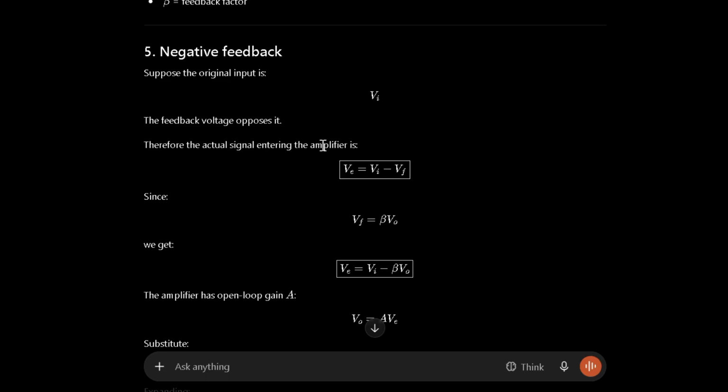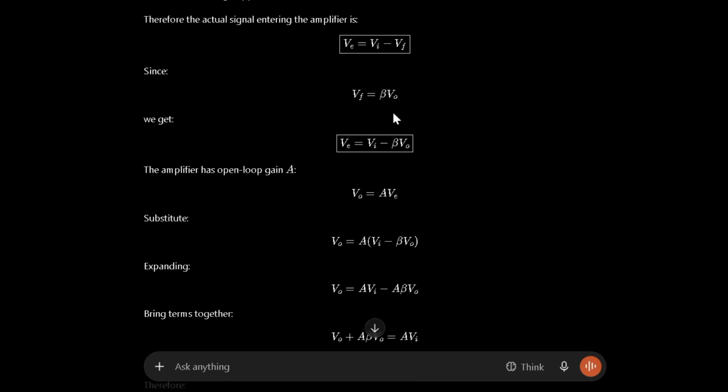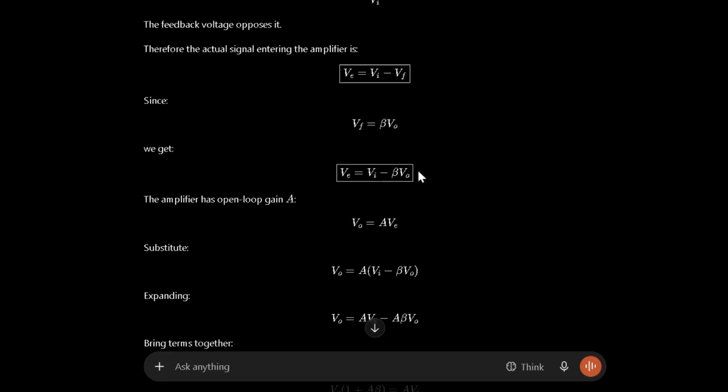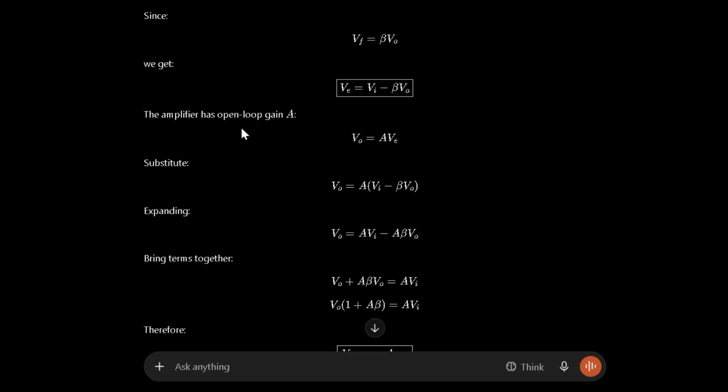So for negative feedback, we subtract from the original a fraction of the output. Since Vf equals beta V naught, by substituting this we get the following. The amplifier has open loop gain A, so V naught equals A times V.